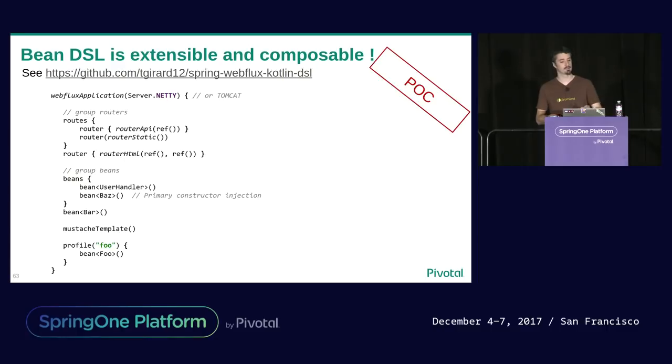And he extends the beans DSL to provide some kind of DSL for defining your application, specifying what kind of runtime, and defining more high-level constructs than just beans. For example, here, mustache templates will internally return beans, etc., and you can register single or multiple beans. So it's just to show you that that's maybe a building block that we could use in the future or not, not sure yet.